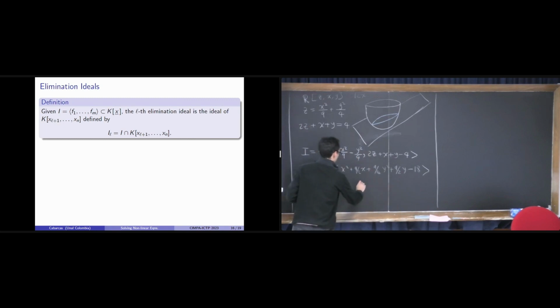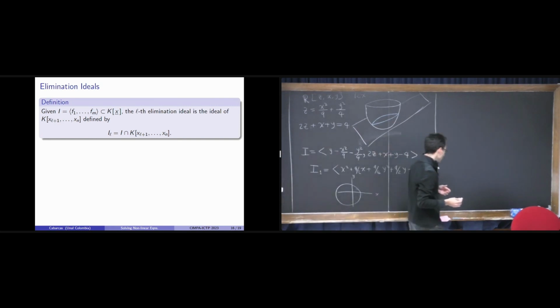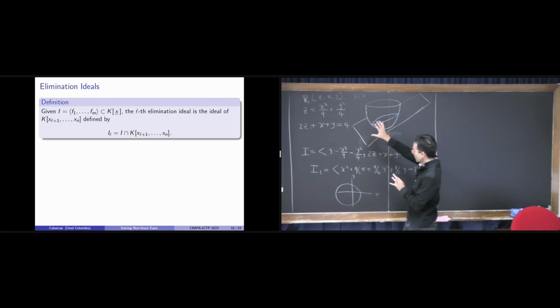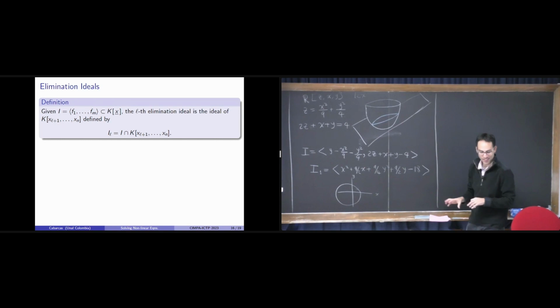So if we draw this in the xy plane, it's not centered, but it's some ellipse in the xy plane. What we're saying is if we eliminate one variable, we get an ellipse in the xy plane, right?